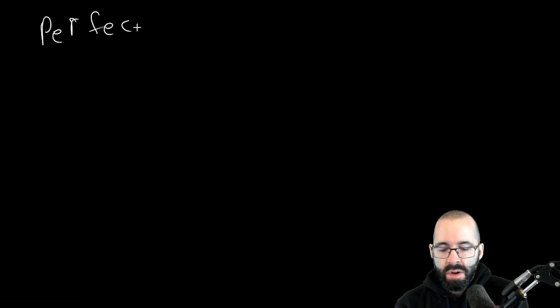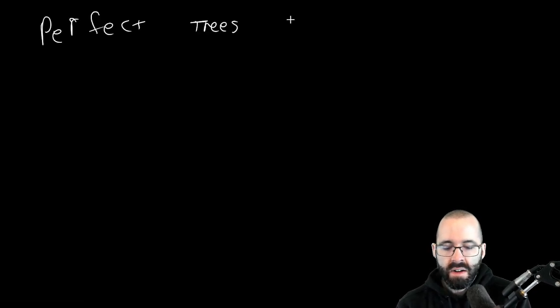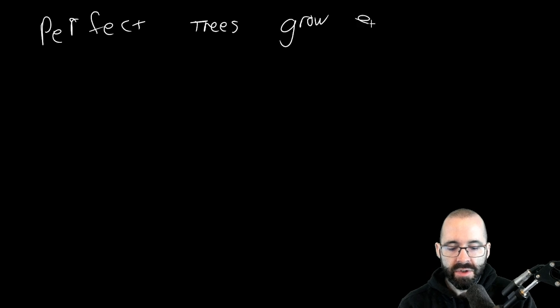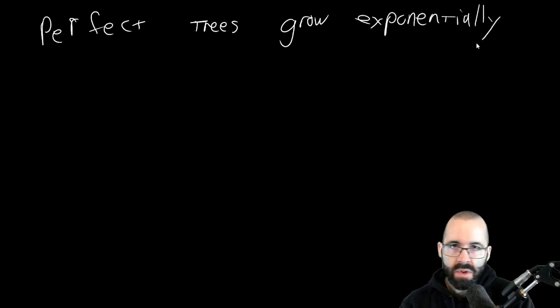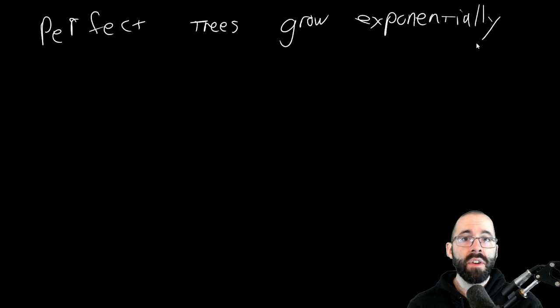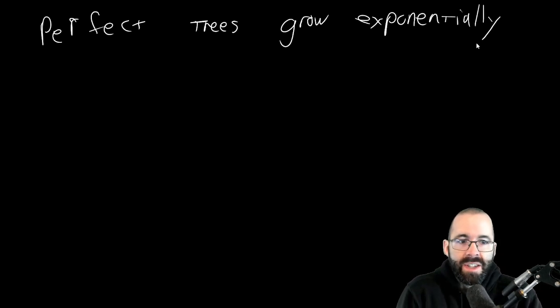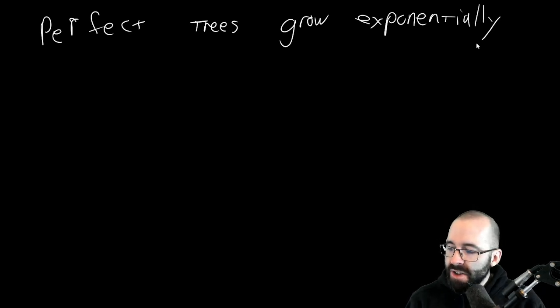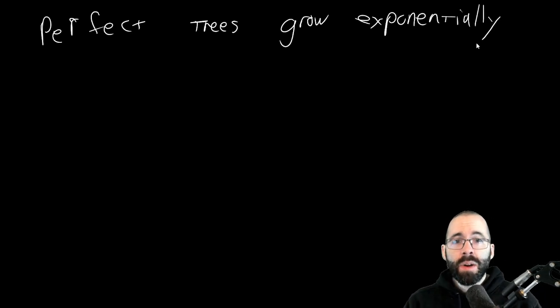Perfect trees grow exponentially in size. Adding a new level requires adding double the nodes of the previous level, because each node has 2 children. So each node is leading to 2 more nodes. It's doubling, right? And so what that means is that these perfect trees grow so fast.